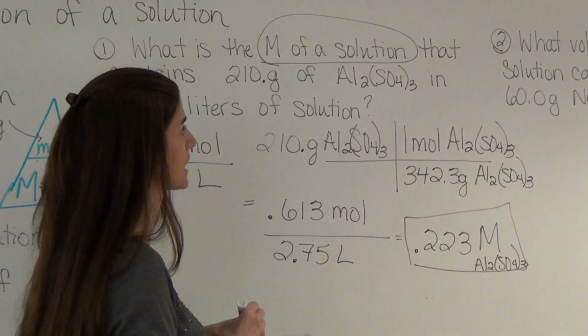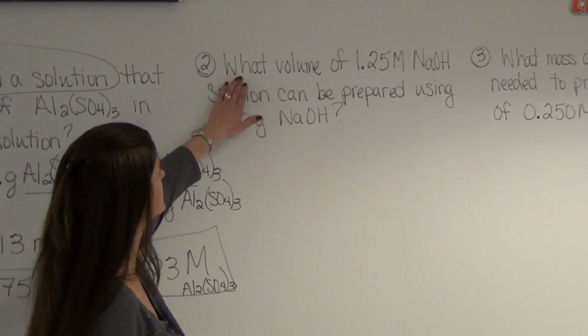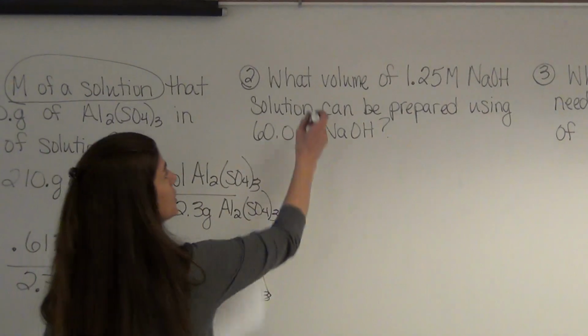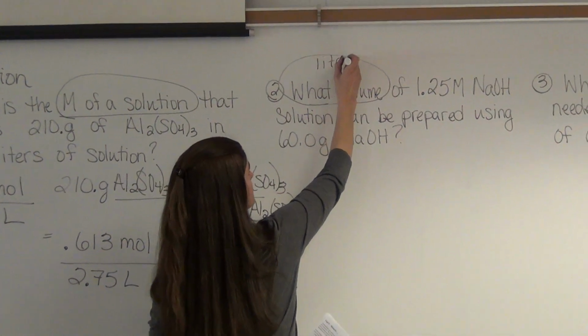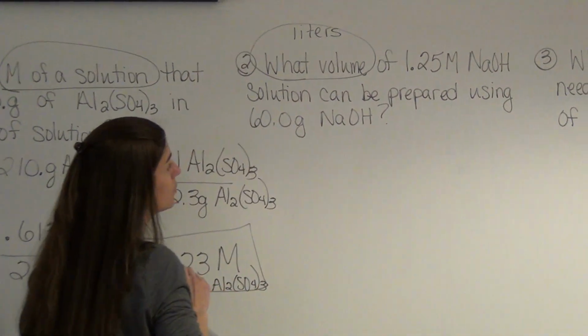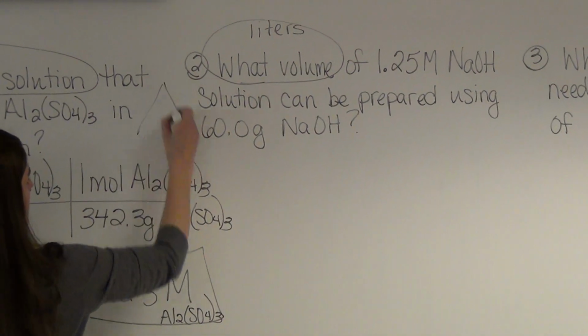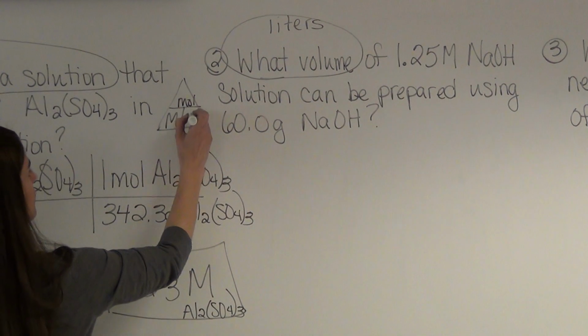Okay, let's look at the second problem. In this case, it says what volume. So right off the bat, we know that we're looking for liters, because that's volume. We can use our triangle again. I make a small triangle right here. Molarity, moles over liters.